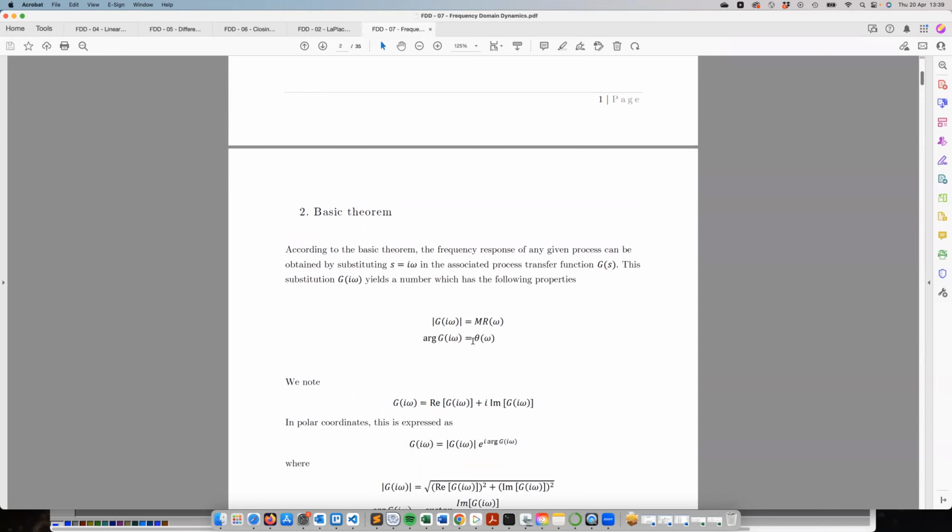So this is telling us that this very practical thing on the right-hand side, remember, we just put in some sine waves and we measure out the sine waves, and we can calculate the magnitude ratio and the phase angle. So the right-hand side here is quite measurable. Even if we know nothing about the process, if the process is just a black box to us, we can still apply a sine wave at the input and measure an output sine wave.